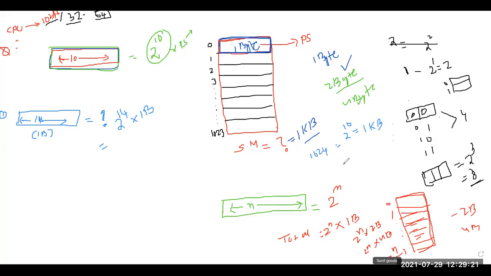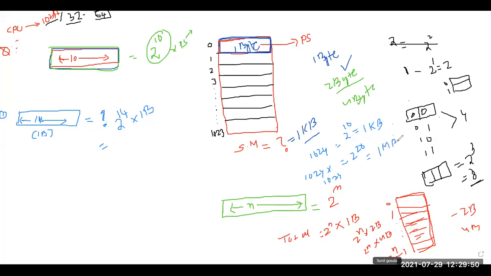Similarly, 2 to the power 20 is nothing but 1024 into 1024. What is this? If you multiply 1024 into 1024, how much does it become? It will be 1 MB.